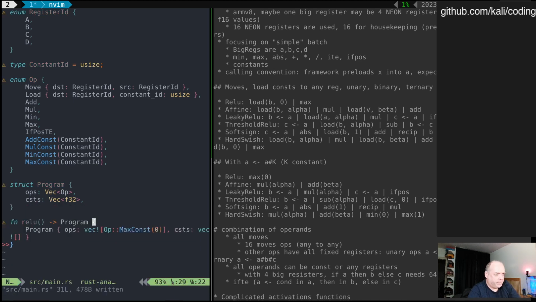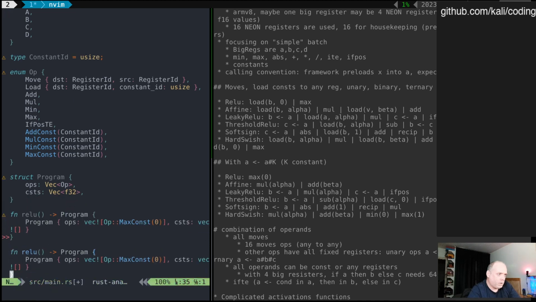All right, then affine. Alpha and beta will be constants 2 and 3. So affine will take alpha f32, beta f32, and we'll put them in the constant vector, with the caveat that 0 and 1 are already taken.